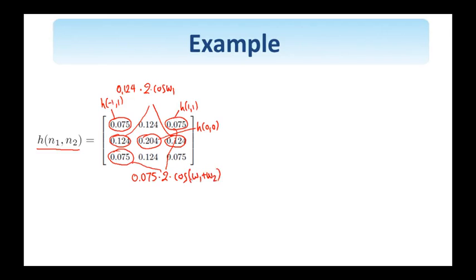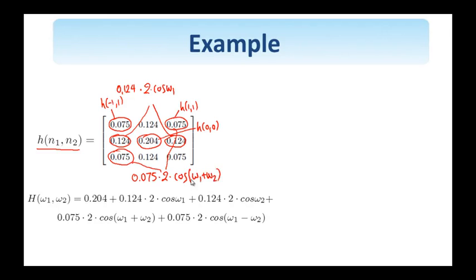So if you work out the example, you should find that this is the frequency response of this system as shown here. It's again a real signal, which should come as no surprise because h(n1,n2) has even symmetry.